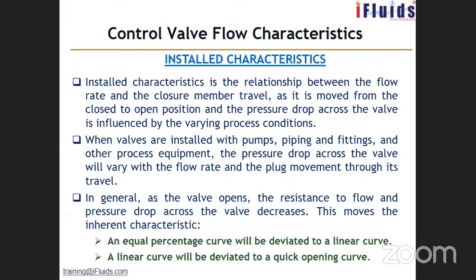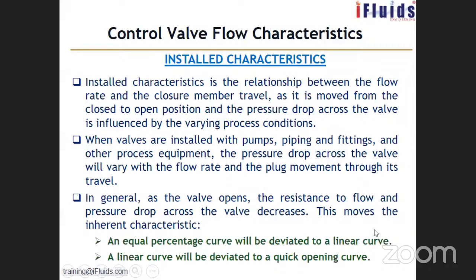When you totally close, maximum pressure drop. When you totally open, minimum pressure drop. In between, whatever percentage opening, the pressure drop varies according to the opening. So this moves the inherent characteristics. An equal percentage curve will be deviated to a linear curve, and a linear curve will be deviated to a quick opening curve.